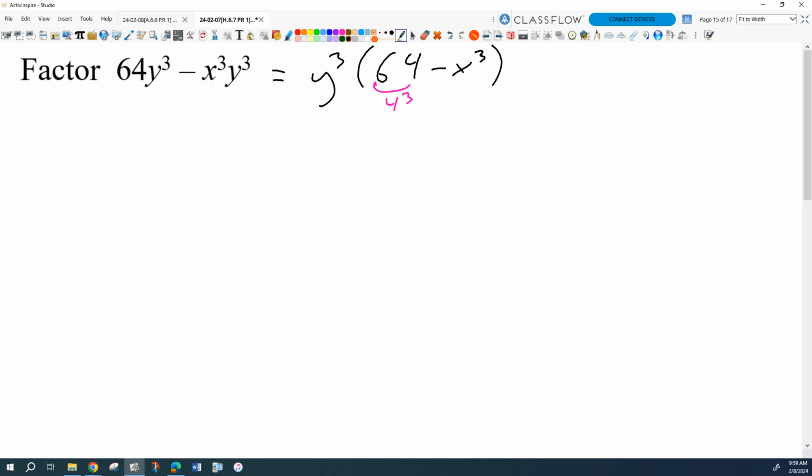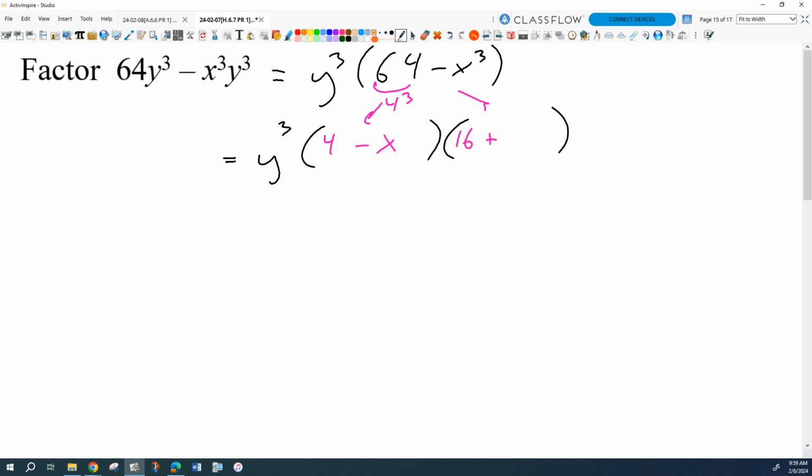So this is going to equal, I've got my GCF out front. And this thing's going to split up into what then? 4 minus x, times a squared, which is 4 squared, 16, plus ab, so ab would be 4x, plus b squared, x squared.